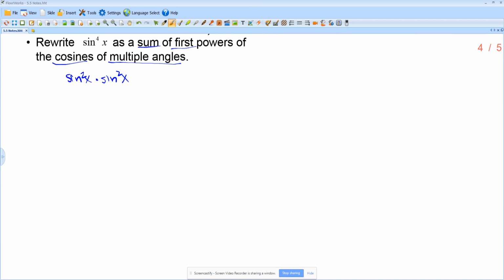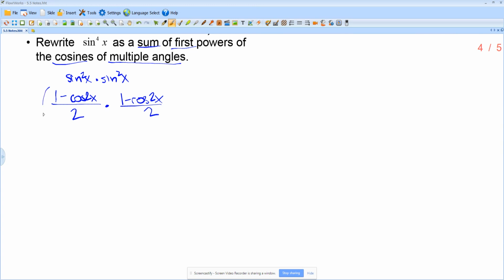If you're looking at your packet, you're looking at the slide right above it. Sine squared u is equal to 1 minus cosine 2u over 2. So this is going to be 1 minus cosine 2x over 2 times 1 minus cosine 2x over 2.